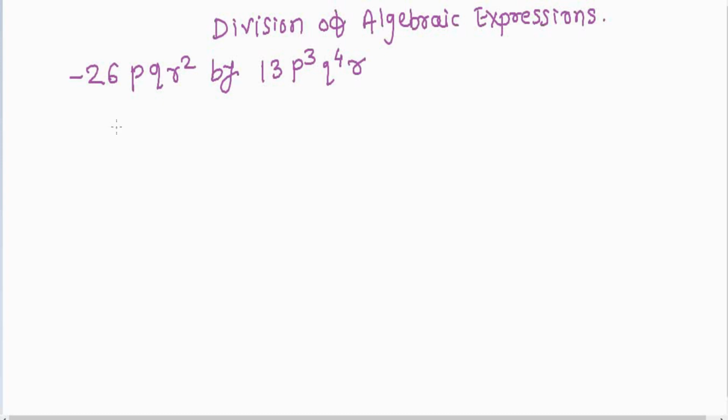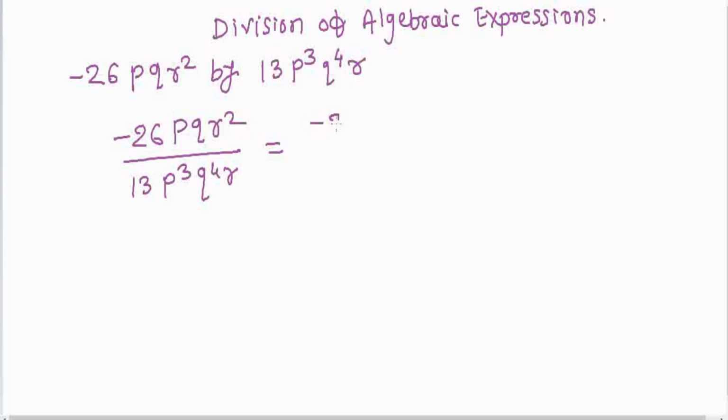That means we write it as minus 26 p q r square divided by 13 p q raised to 4 r. Okay, so minus 26 divided by 13. First we write this number divided by a number, integer divided by an integer.